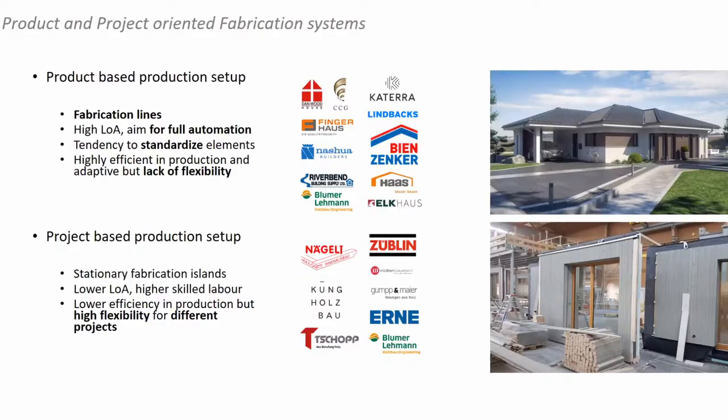So they have a lower efficiency in production, but a high flexibility for different projects, which is really important for them, because every year they have to compete to get a new contract from a new architect or engineering or other company to hire them to produce their building parts and building elements. Also, they have the tendency to work on bigger projects.